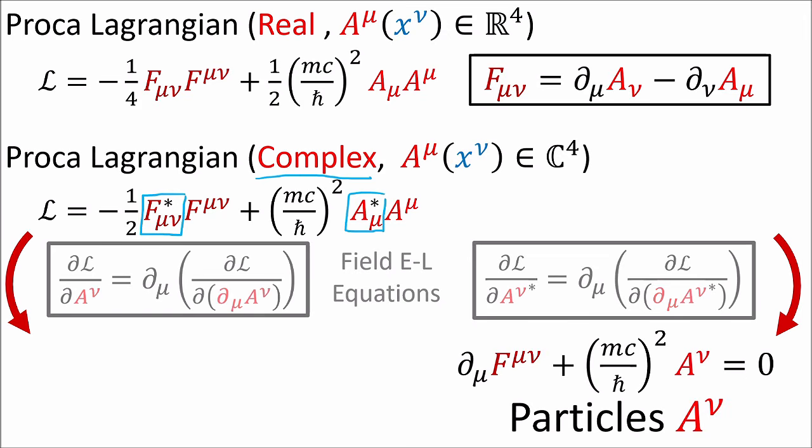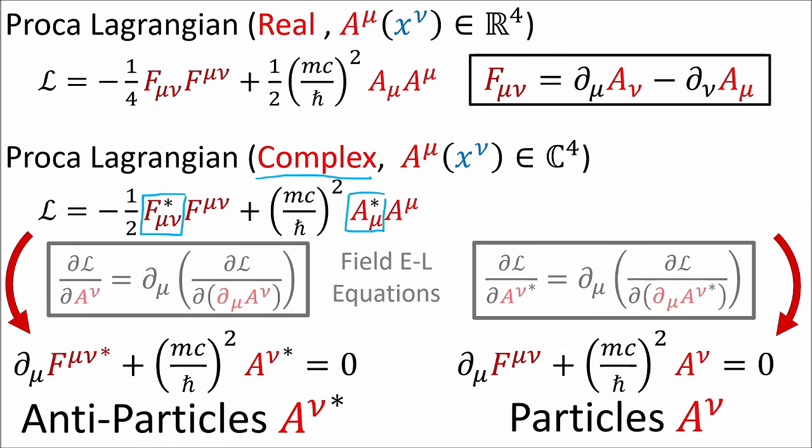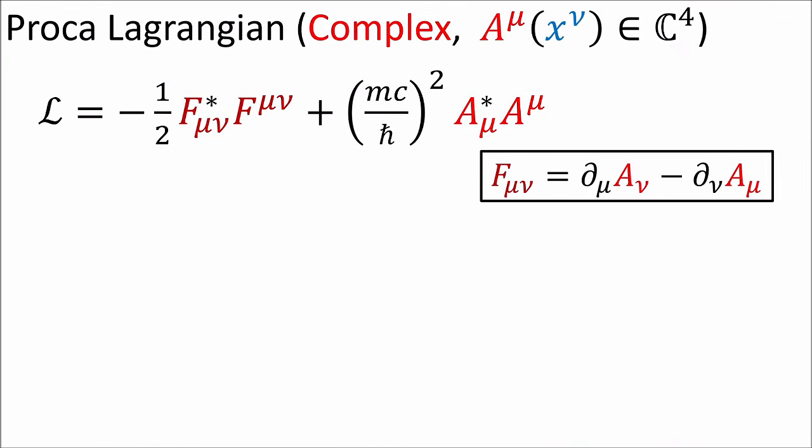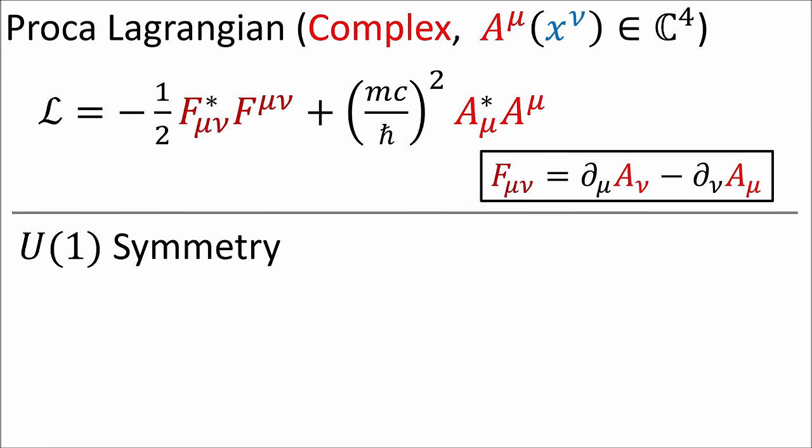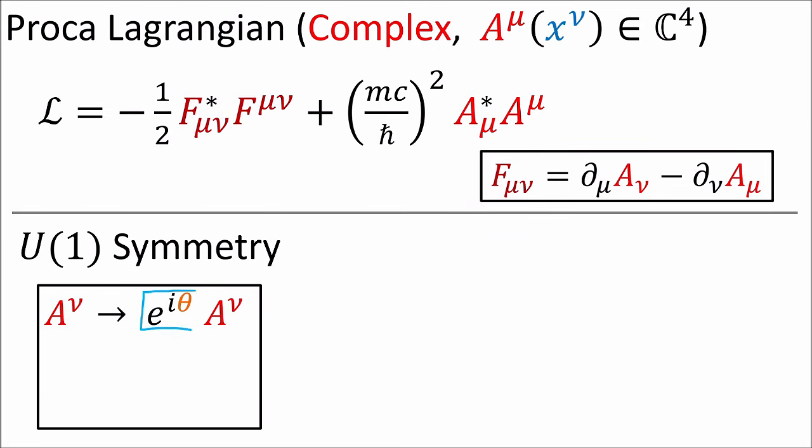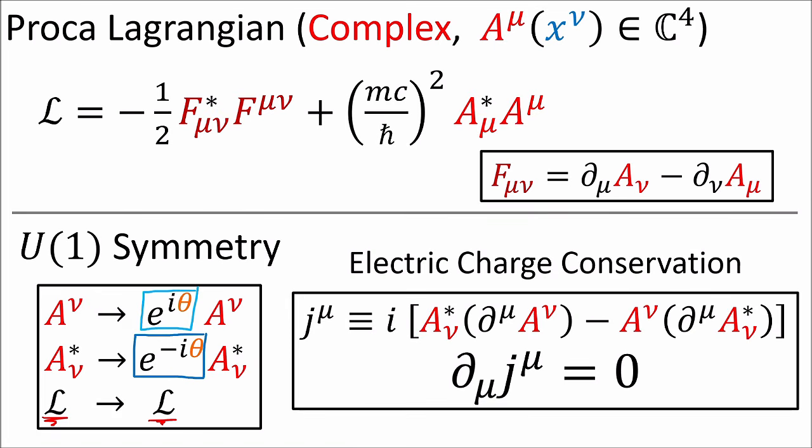And varying with respect to A gives us the A star Proca equation for antiparticles. This Lagrangian also obeys a U1 symmetry. So if we give every A a positive phase and every A star a negative phase, they all cancel out, leaving the Lagrangian unchanged. This leads to this conserved current here, which again is the electromagnetic current.